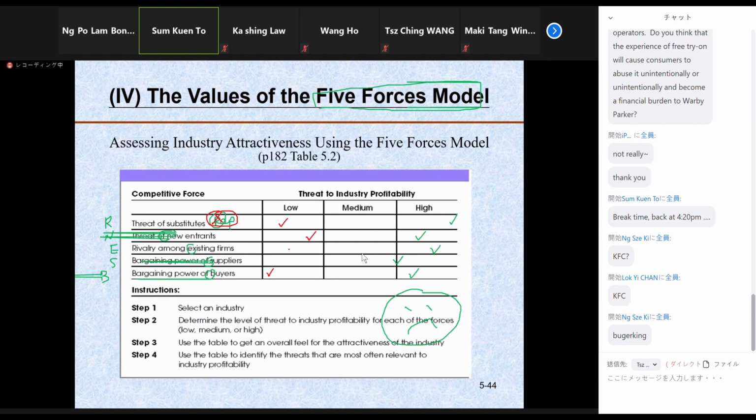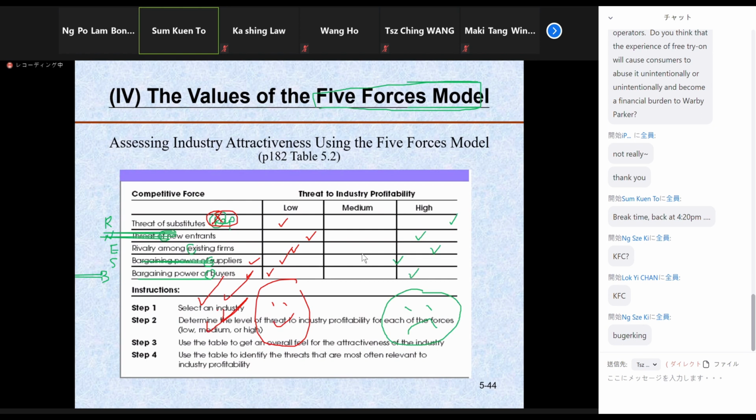Existing competition also not much. And there are a lot of raw materials I can choose from. I don't need to depend on 1-2 single suppliers. Under that situation, yes, very good. I can control the buyer, the supplier always relies on me, and there is very low competition, not many new joiners, and consumers don't have many choices. Good, and then we should go ahead.